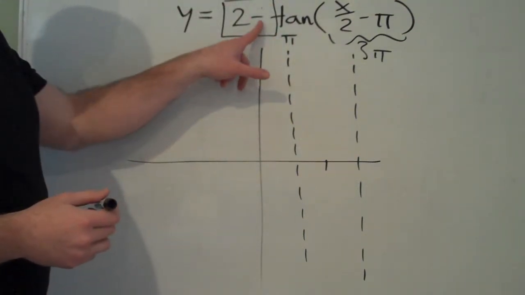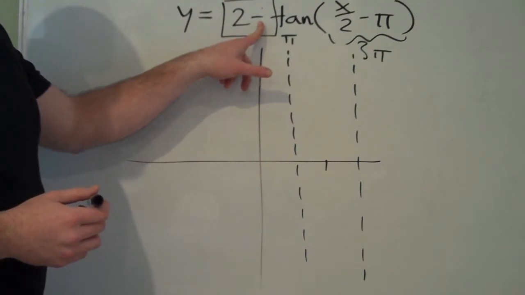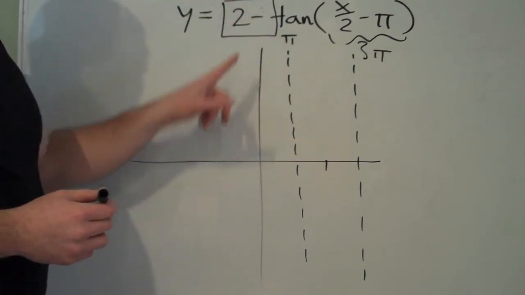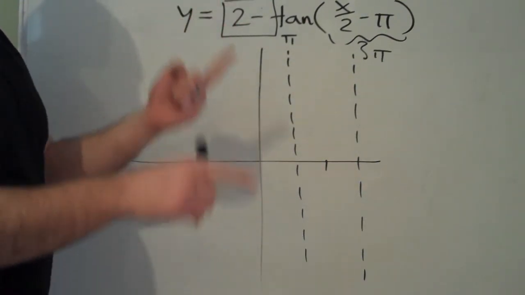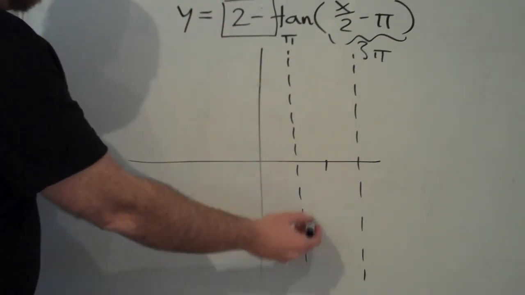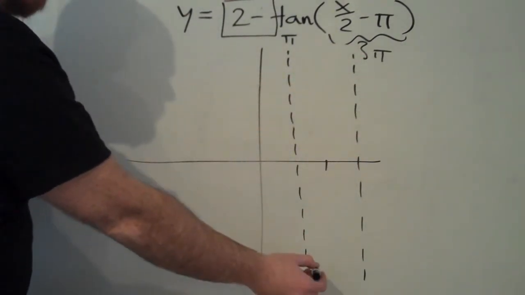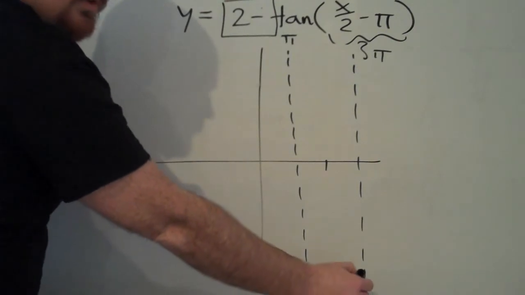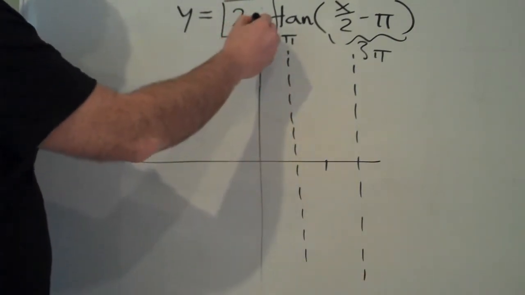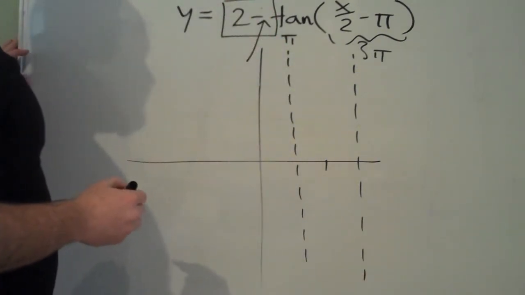How? What does the negative do? I'm not worried about y coordinates so much. What does a negative do? Flips the graph over. It reflects it over. So now instead of this tangent graph going this way, it's going to vertically reflect, and it's going to do this. So that's the vertical reflection with that negative symbol.